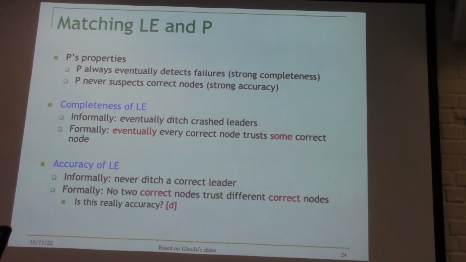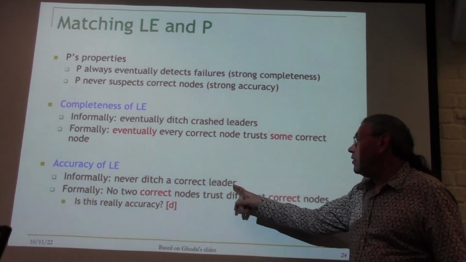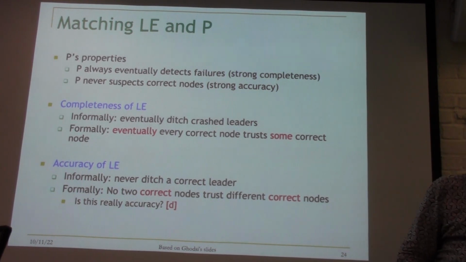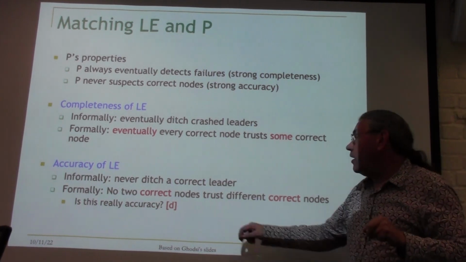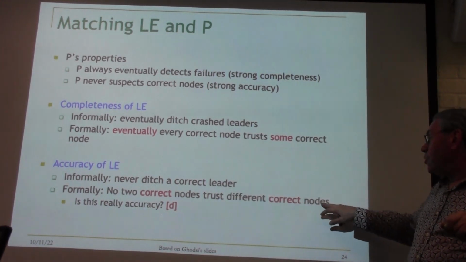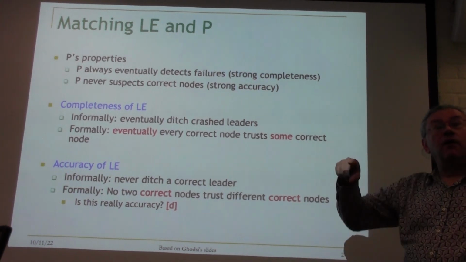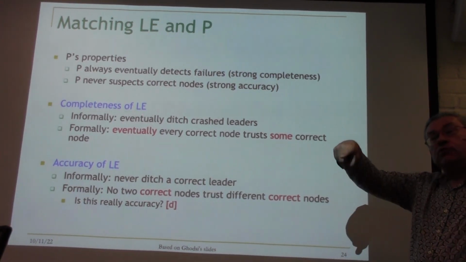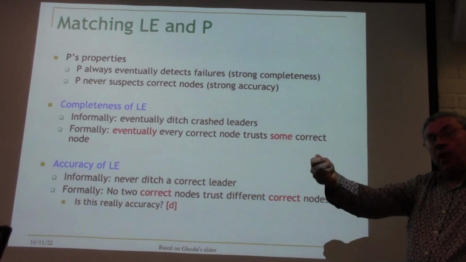But it's also accurate. So when I pick a good leader, I will not abandon that leader. No two correct nodes will trust different correct nodes. Because if that was true, then there would not be one leader.